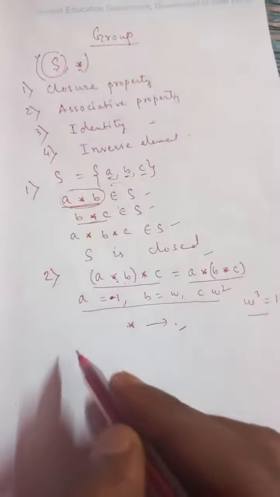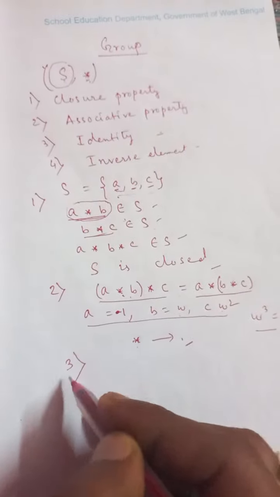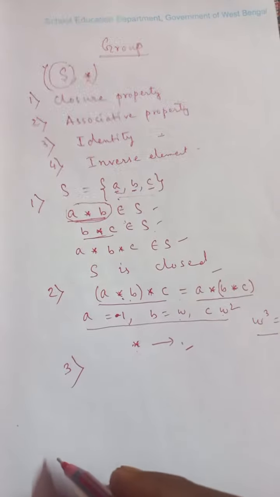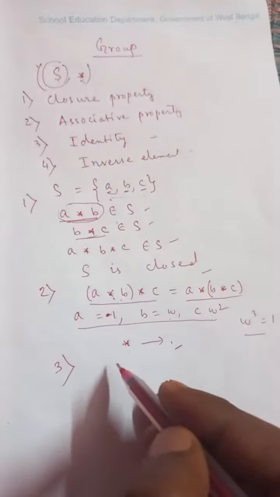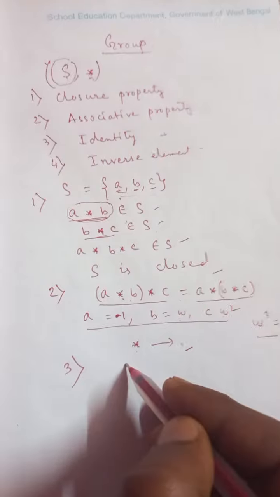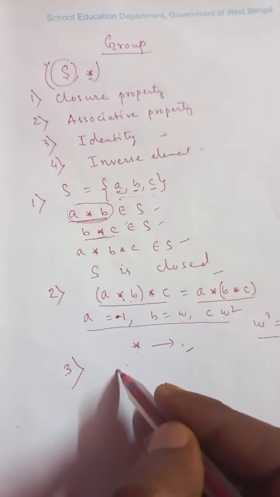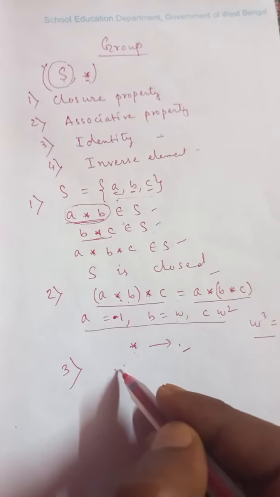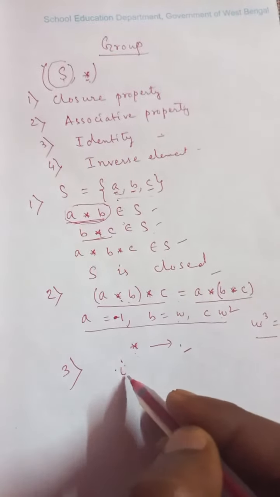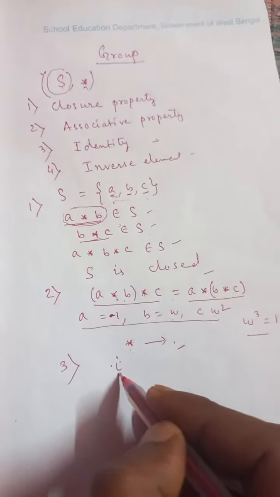And what is the identity property? Here, any element we can find in the set S. We take an element marked by iota.